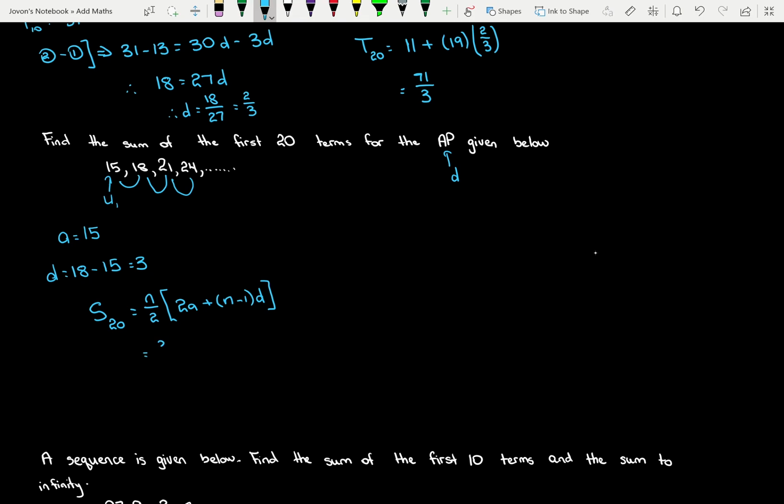This would be equal to 20 over 2 multiplied by 2 times 15 plus 19 times d, which is 3. And this here would give us the sum of the first 20 terms. Okay, and this works out to be 870.